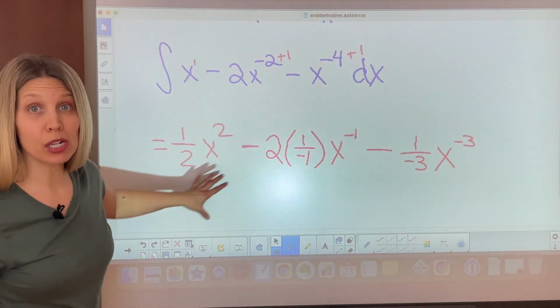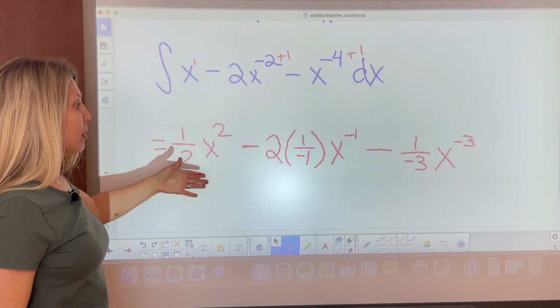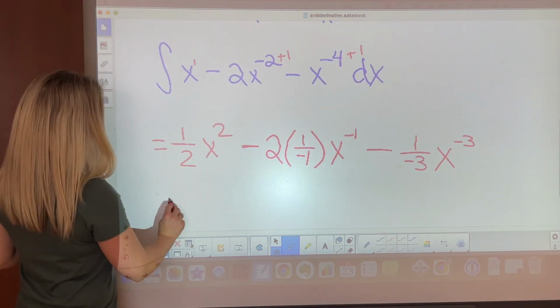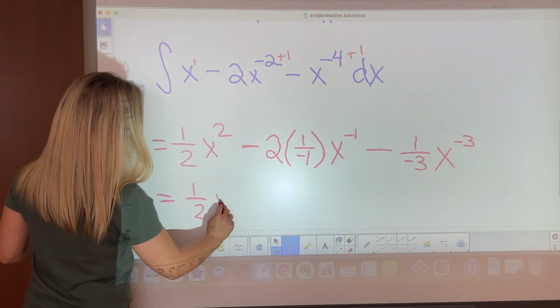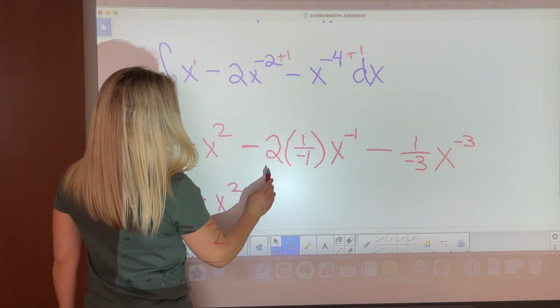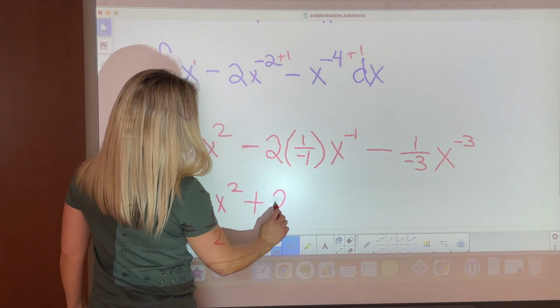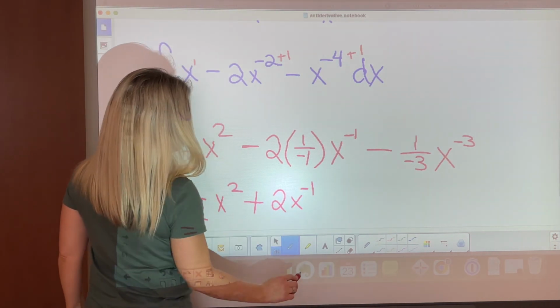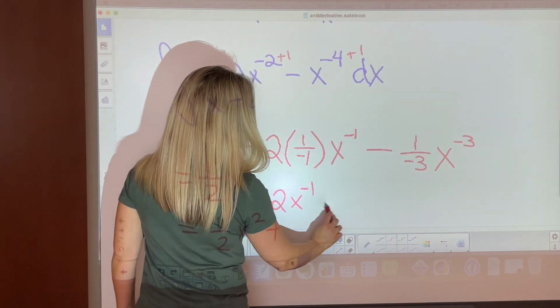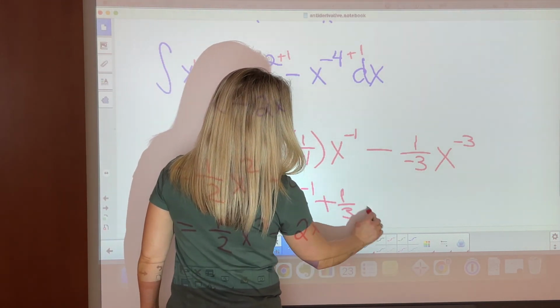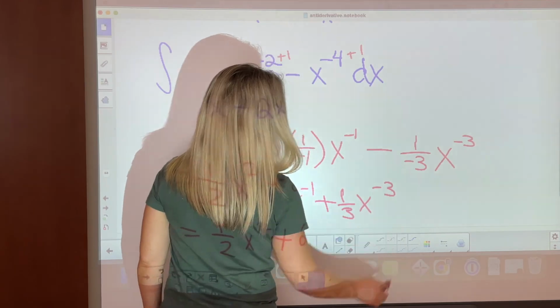I'll go through and clean this up, but for me it's easier to write it out step by step and then go through. So we have 1/2 x squared, negative, negative, positive, 2x to the negative first. Negative, negative gives me another positive. 1/3 x to the negative 3.